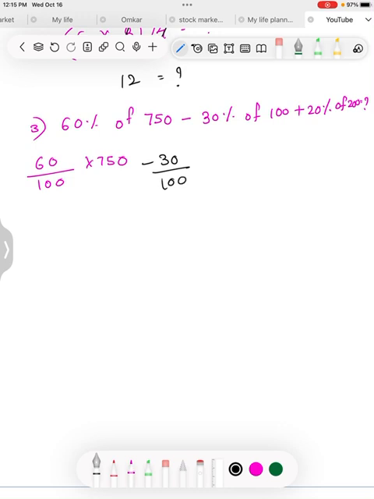Just don't think a lot and do it in this way. Just cancel, cancel, cancel.